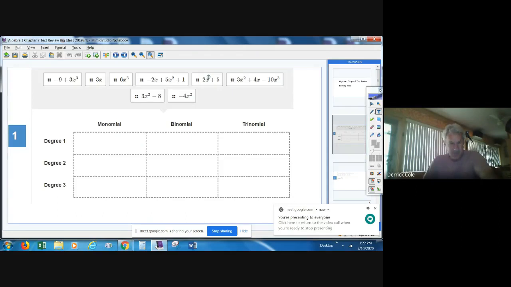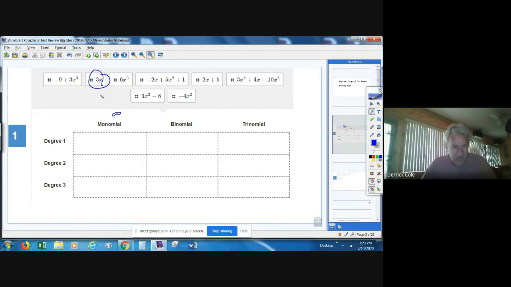Okay. Degree 1 monomial. So that's something that only has x and no squared, no cubed, right? And it's going to have only one term. So degree 1 monomial right there, 3x.